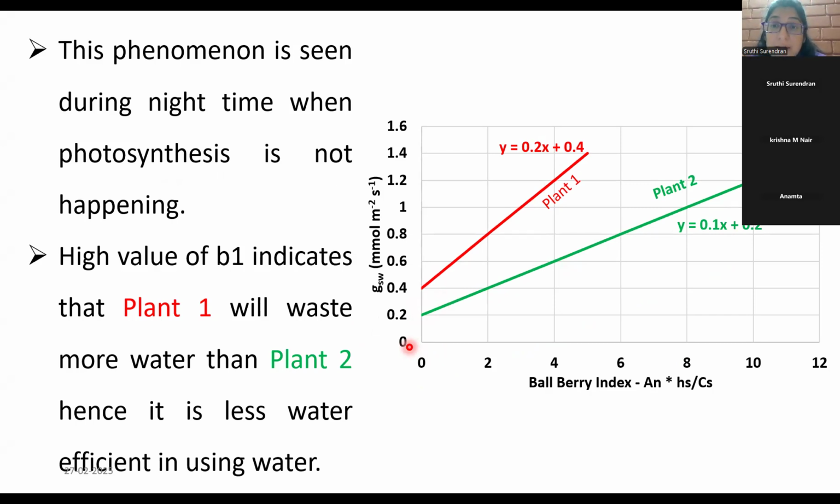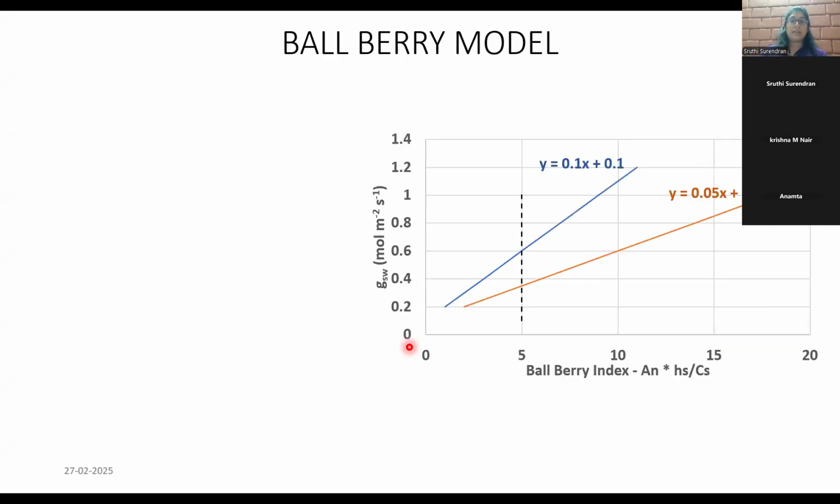So if this red line is giving us a particular plant, and green line is giving another plant, we can say that plant one is losing more water than plant two. So this is again giving us information about the water use efficiency, how efficiently a particular plant is making use of water. And in this case, plant one is losing more water because of this leakage due to this minimal stomatal conductance that is still lasting even when photosynthesis is not existing.